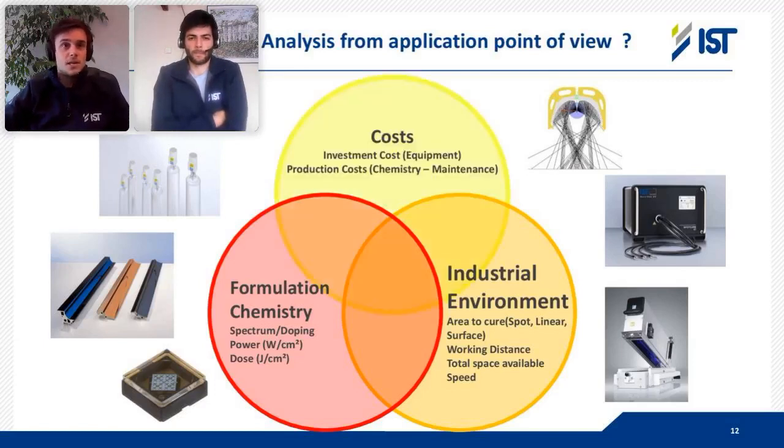And last but not least, we have to consider the cost and use of the technology itself. The first two circles were focused on the technical aspects, but we can't forget the economical factor when we deal with UV curing. In that case, we have two big parts. Firstly, we have the investment cost.